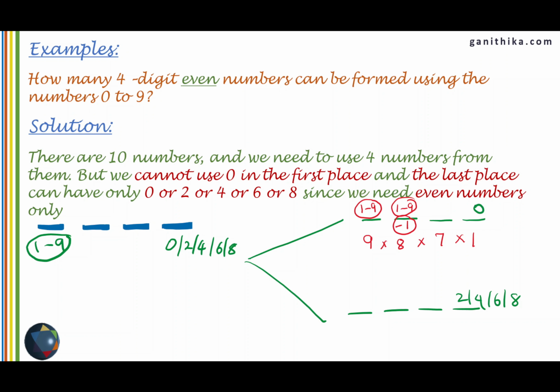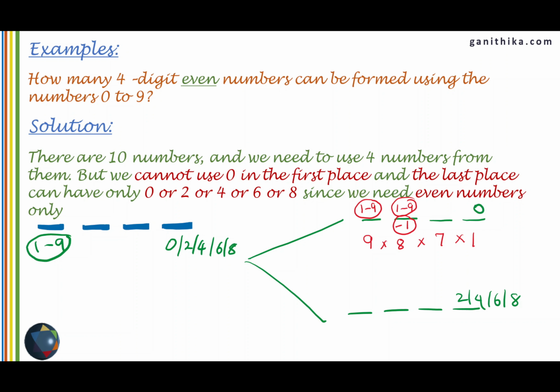We have already used 1 digit in the first place, which makes it 8 possibilities for the second place, 9 possibilities for the first place, 7 for the third place, whereas 1 for the last place because we have already chosen and fixed 0 for the last place. So the permutation for this is 9 times 8 times 7 for this type of numbers where you have 0 in the end.